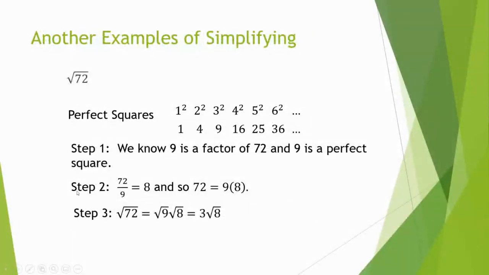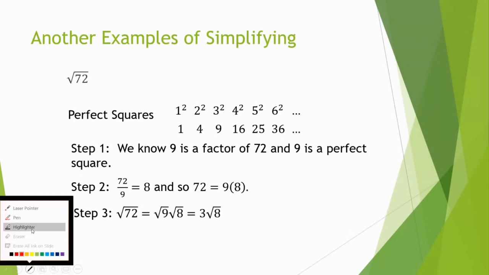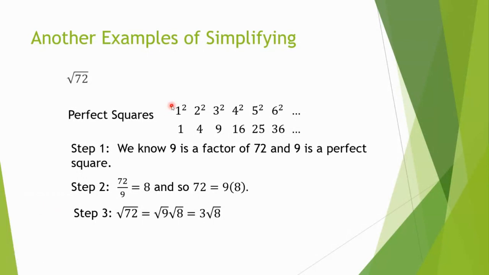Okay, so now we're going to look at the square root of 72. If you want to find a factor of 72 besides 1 that is a perfect square, we know 9 is a factor.